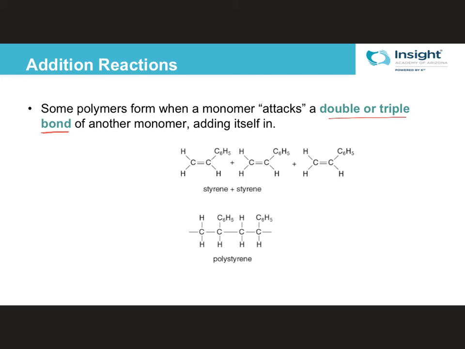It's kind of like these electrons attacked those, and then these ones attack those, and it'll just keep doing that in that pattern. So addition reactions add monomers together by attack via double or triple bonds. This one's definitely a lot of notes and terminology to get down so that you can spot them in types of questions.